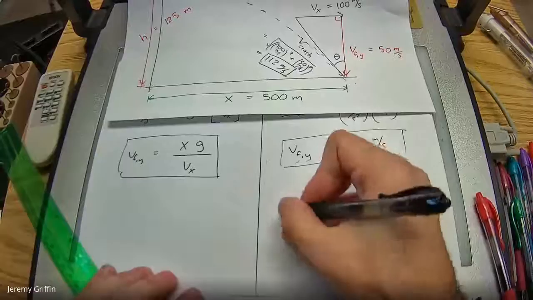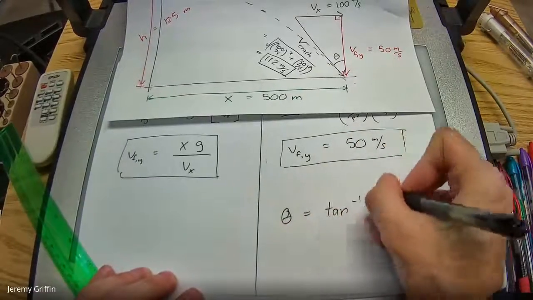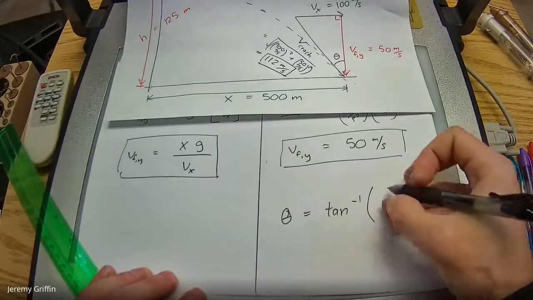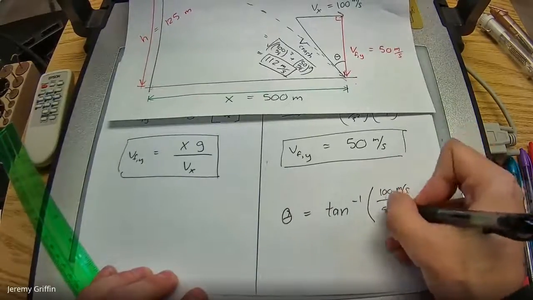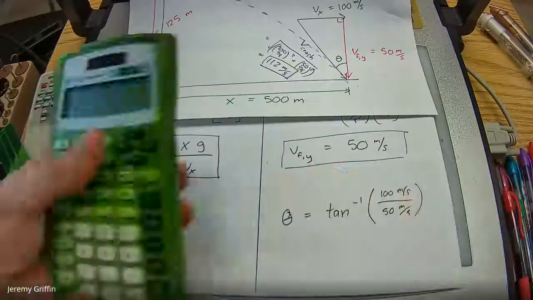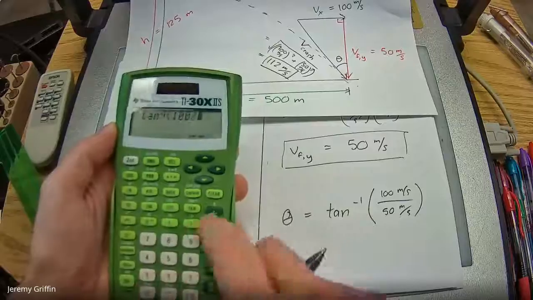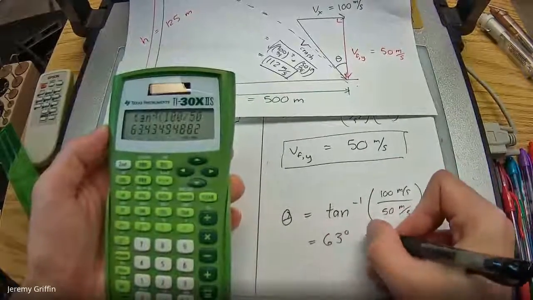So that angle from the vertical, you're right, would be inverse tan of 100 meters per second over 50 meters per second, if I'm playing off the two legs. Inverse tan of 100 over 50. That's 63 degrees from the vertical.